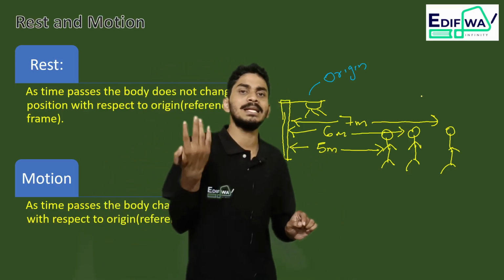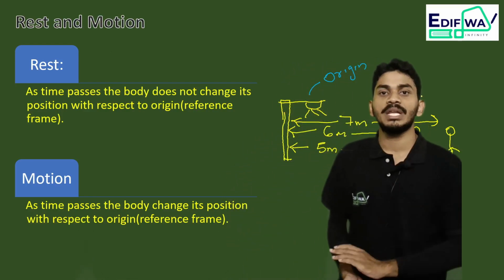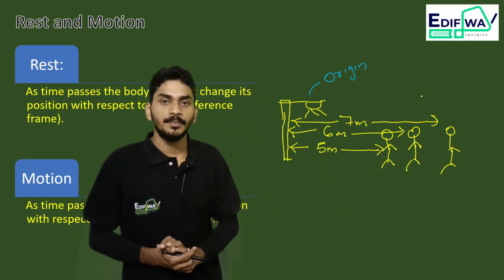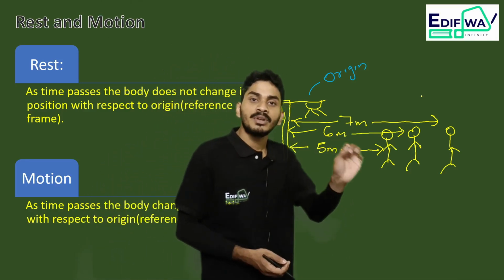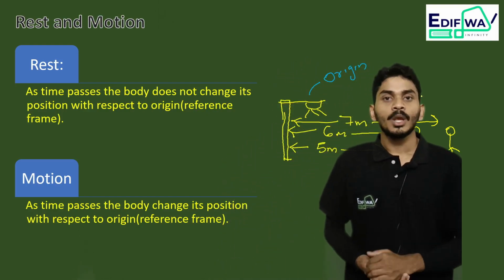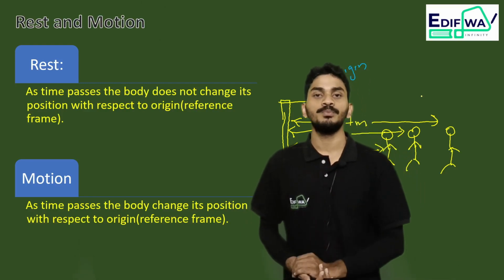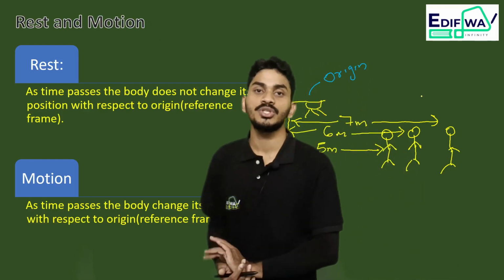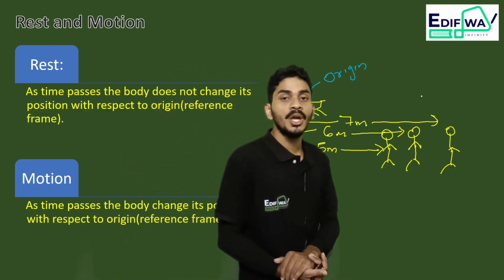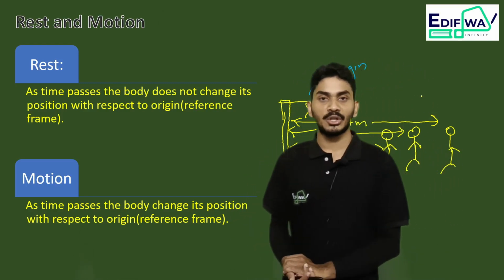Then what decides that? That is the origin. I'll give you an example. Suppose you are traveling in a bus. Then you are at rest with respect to the seat in which you are sitting, or with respect to a co-passenger who is sitting near you. If you make them the origin, then you are at rest because your position does not change with respect to the seat or the co-passenger near you.